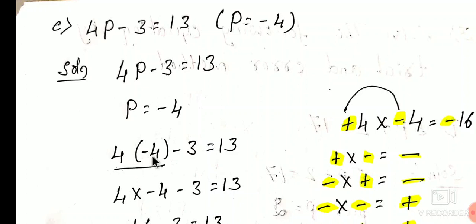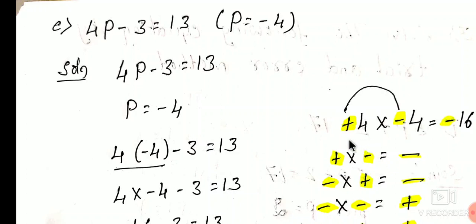Here minus will be there. That's why I put the bracket for that one, because the value minus 4 changes the difference between minus 4 and plus 4. So the p value is minus 4, minus 3 is equal to 13.